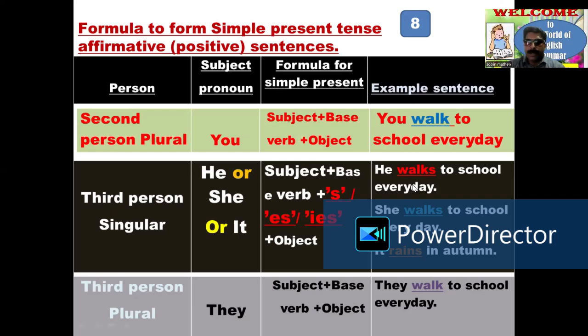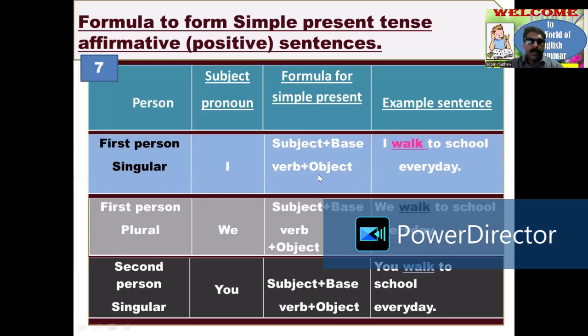We have learned the formula to make positive sentences in simple present tense. Now, all the students copy the formula with examples to your notebook. You can copy the formula from the screen to your notebook. See, the formula is on the screen.